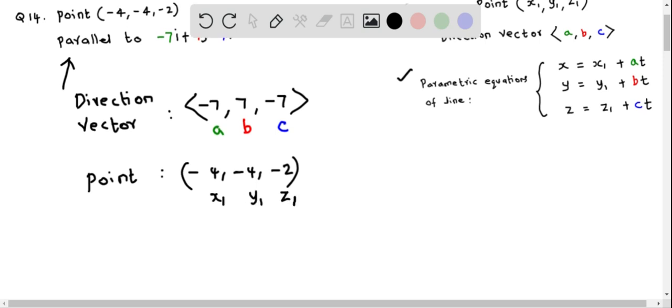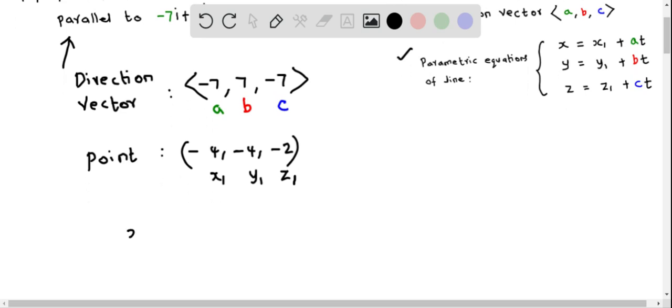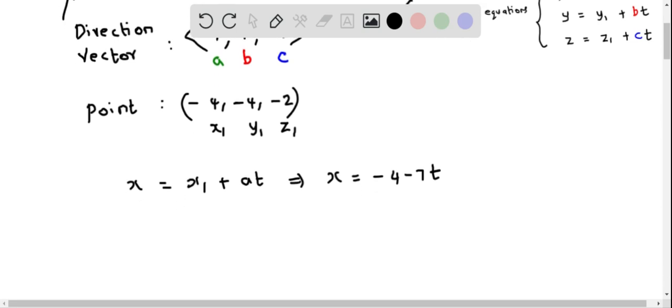Therefore the parametric equations of the line are given by x = x1 + at. We substitute x1, which is -4, plus a, which is -7, so this becomes -7 times t. So x = -4 - 7t.